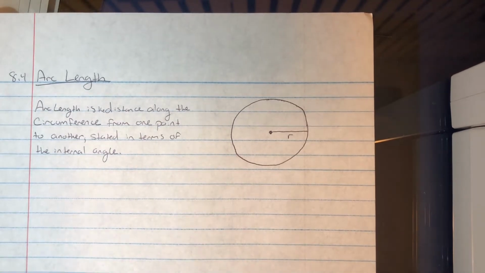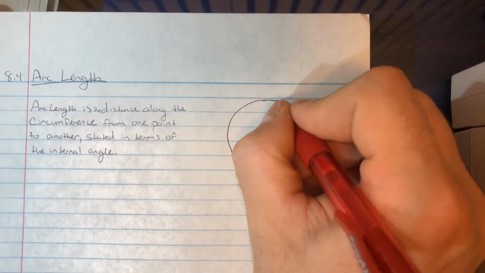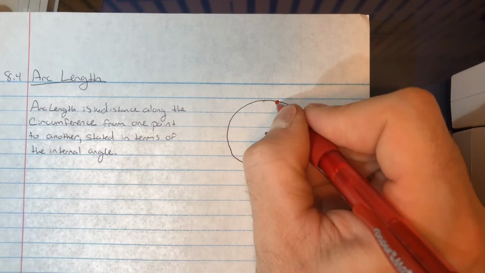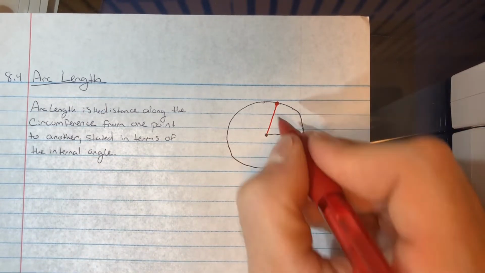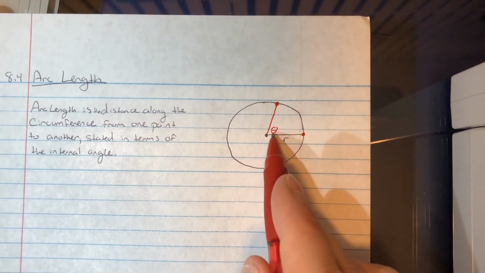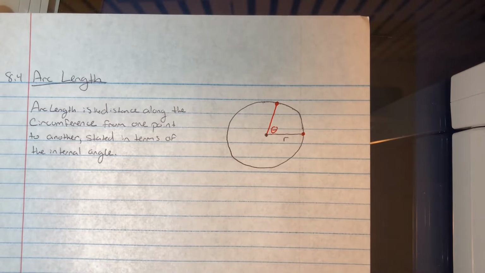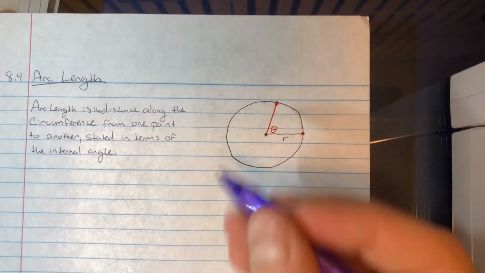The arc length is going to be the distance along the edge from one point to another. So let's say it's from this point to this point. Well, we know that we measure the distance between those points given some internal angle. So we figure out what this angle is, and the arc length is actually the distance between those 2 points.